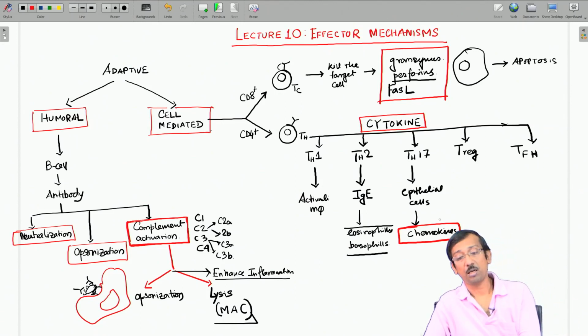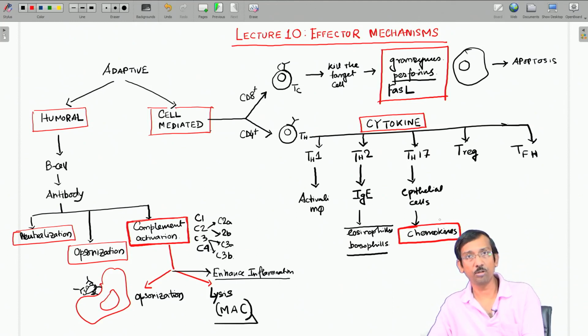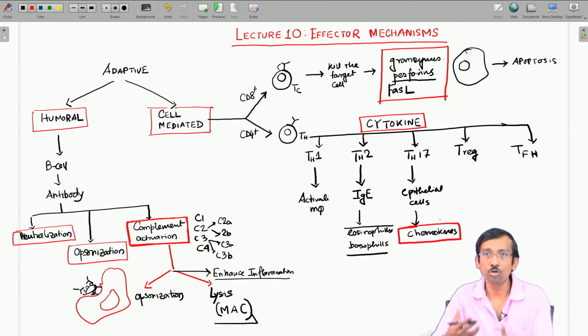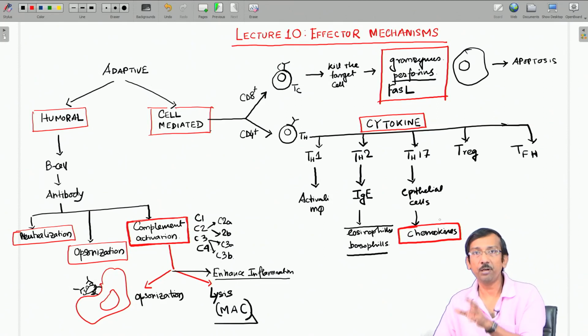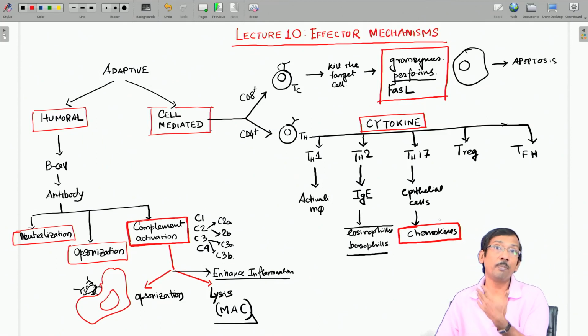Chemokines are also a very important class of cytokines. They belong to the cytokine family, but they are mainly responsible for chemoattraction, attracting cells from one zone to another zone. Cytokines are responsible for cell to cell communication, and chemokines are primarily responsible for cell migration.